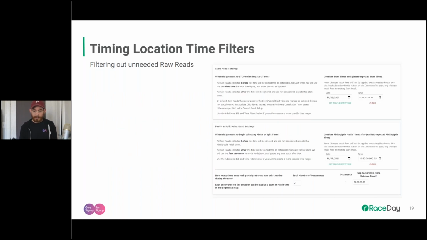And on the right here, you can see, we'll go into this a little bit further later, the basic idea of how you would set the last times or the consider start times until and the consider finish split times after settings. This is actually a common start finish setup, but it's a similar kind of thing if you're doing separate start and finish as well.